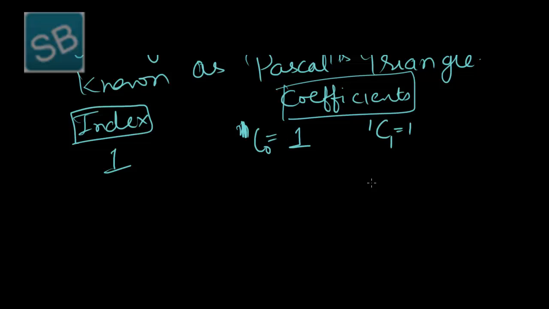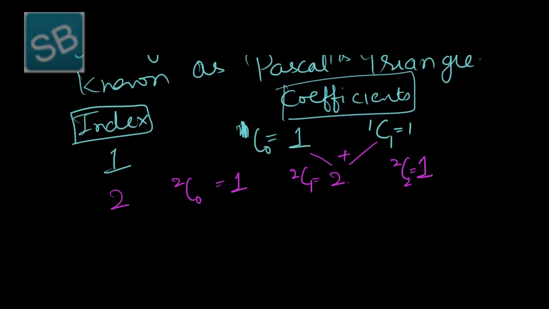So we have these two coefficients. When the index is 2, we have 1 again here and 1 again here, and in between 1 plus 1, that is 2, obtained by adding these two. So it is 2C0, this is 2C1 and this is 2C2 coefficient.